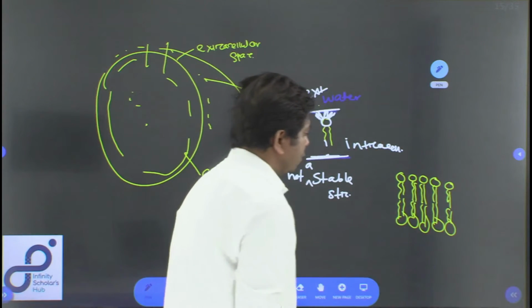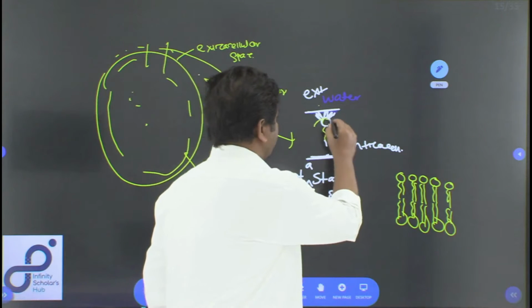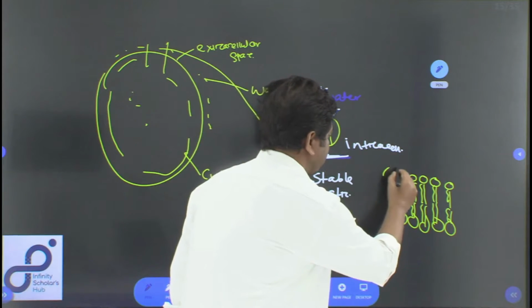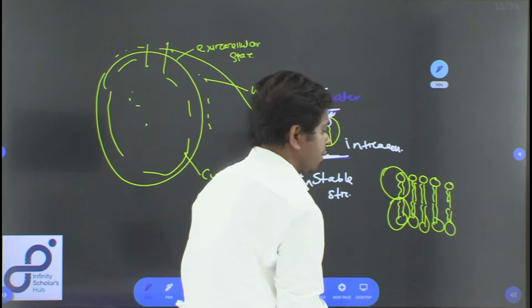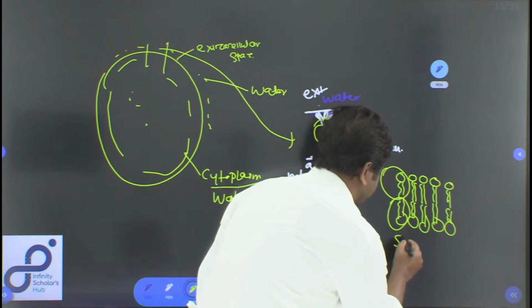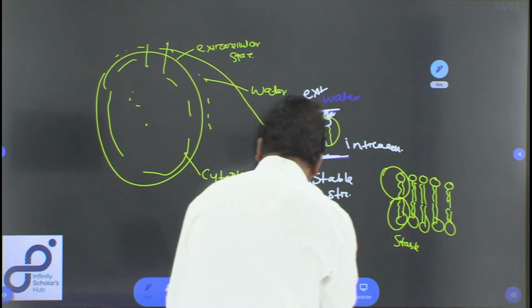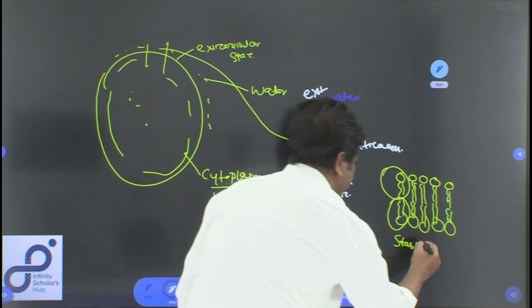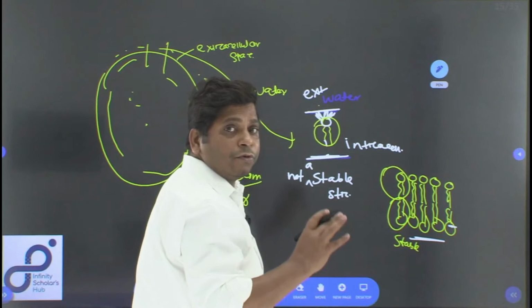Like this. Now as you can see here, this is one phospholipid molecule. These phospholipids are arranged in two layers, and this interaction is going to be a stable interaction. Why is this stable? Because in this part we have water present and this is the hydrophilic head, so the interaction is going to be there.